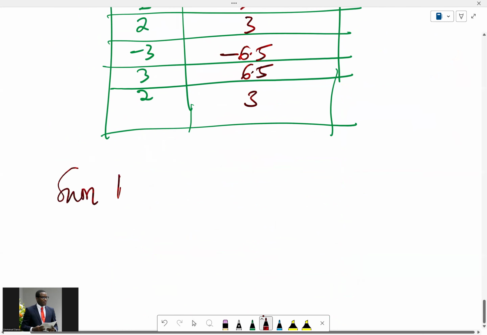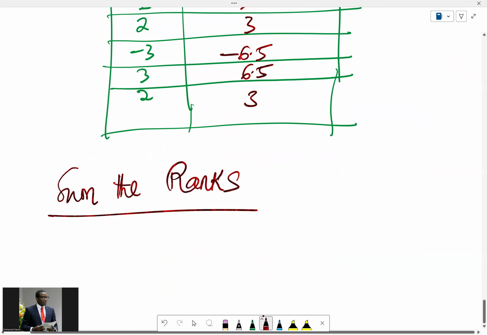To sum the ranks, we have the sum of positive ranks, that's W plus.